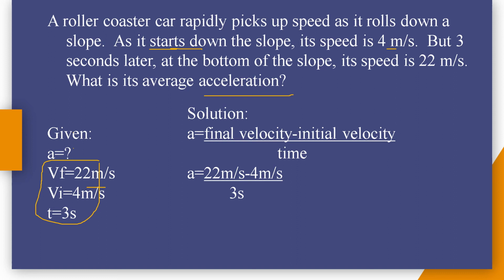Then, divided by time. Substitute natin. Yung time natin is 3 seconds. So, 22 meters per second minus 4 meters per second is 18 meters per second. And then, copy lang natin yung time which is 3 seconds.